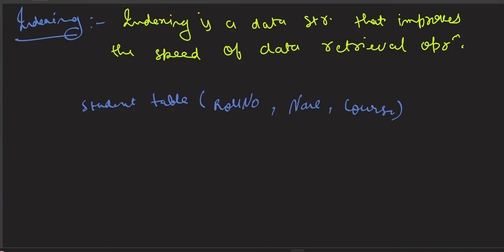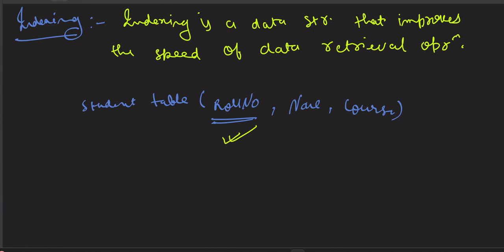If roll number is the index, searching by roll number is much faster, unlike searching by name or course, because the same name can be present more than once in your database.